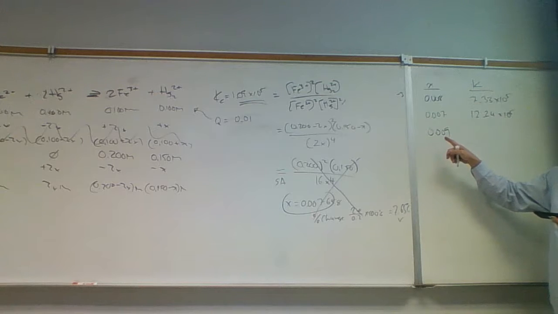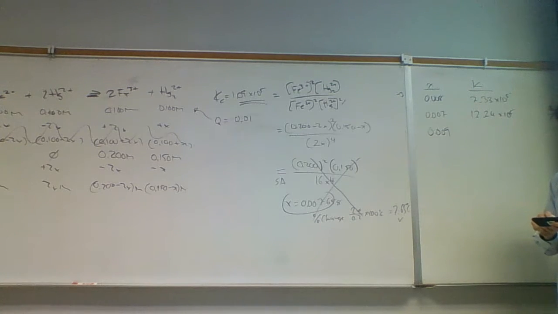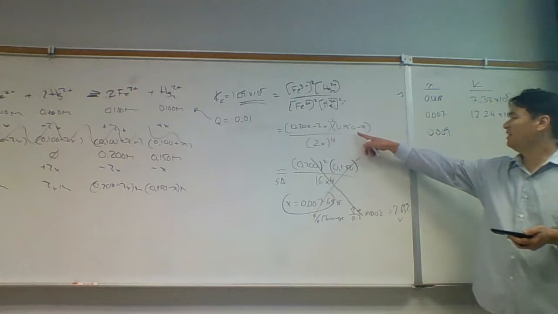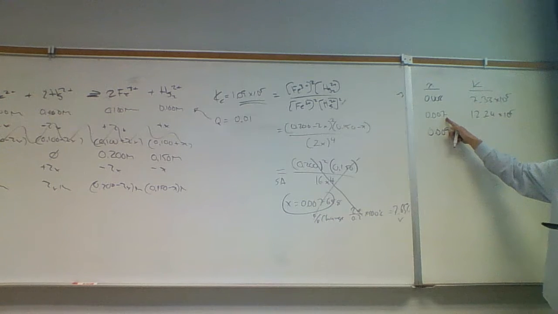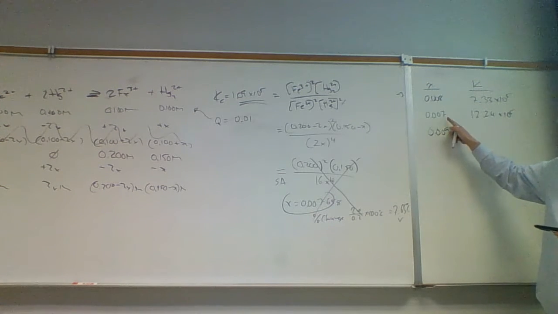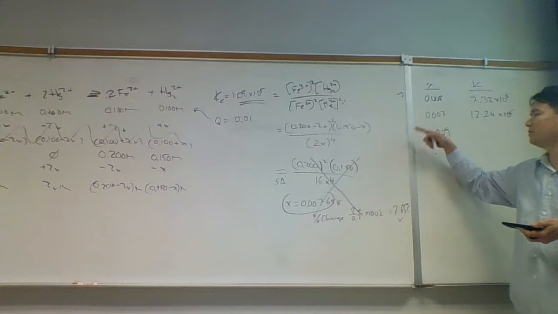Which would be 0.018. So 200 minus 18 would be 182. 0.182 squared. And then 150 minus 9. Did I screw that up? I screwed this one up because I did 150 minus, not 7, 150 minus.